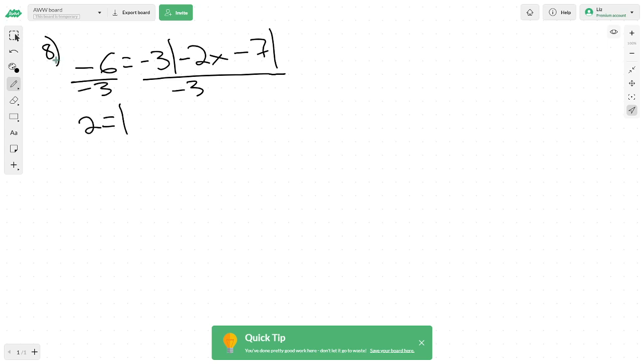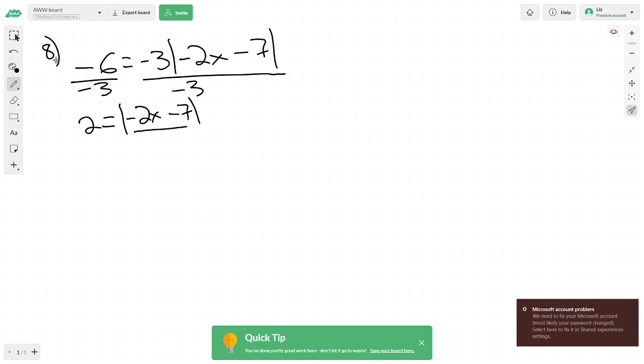So 2 equals the absolute value of negative 2x minus 7. So now I'm going to set this expression up to 2 and negative 2. So negative 2x minus 7 equals 2, and negative 2x minus 7 equals negative 2.